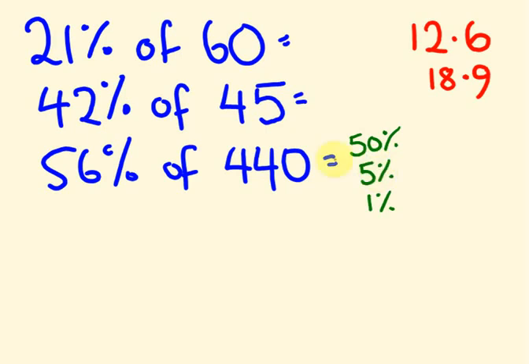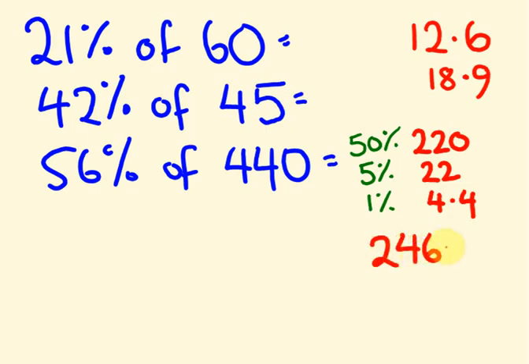So 50% of this is half, so 220. 5%, we're moving the decimal place on this one back one, so 22. And 1%, we're moving the decimal place here back twice, 1, 2, so 4.4. We add all these together, so 220 plus 22 plus 4.4, and hopefully the answer you get is 246.4.